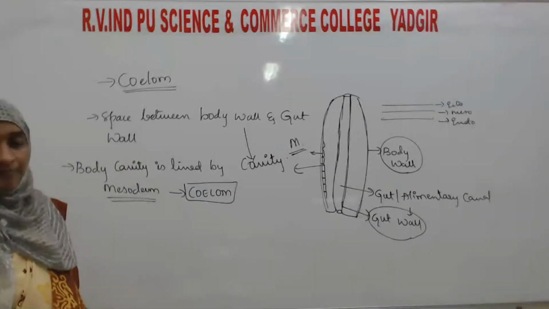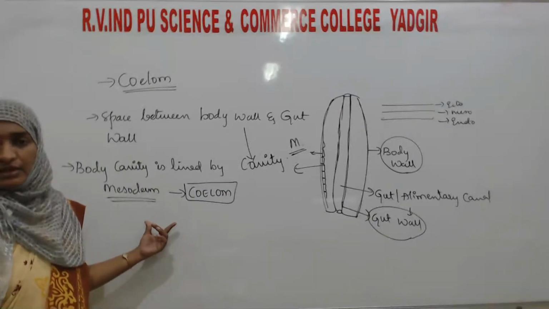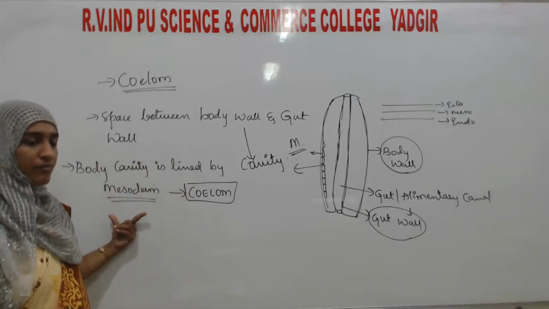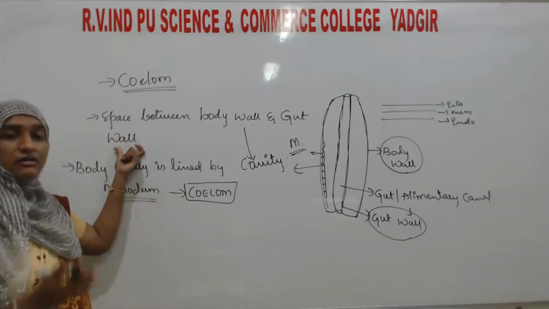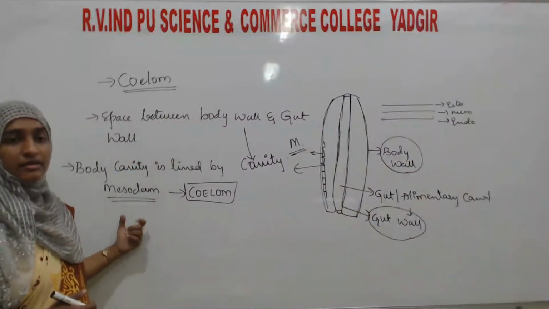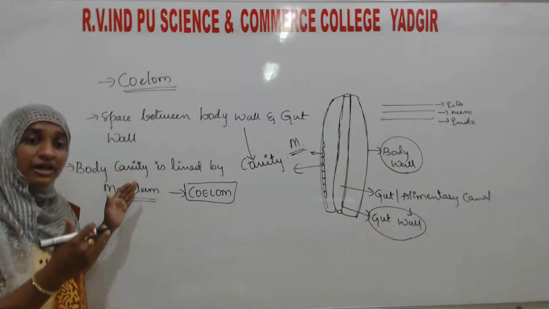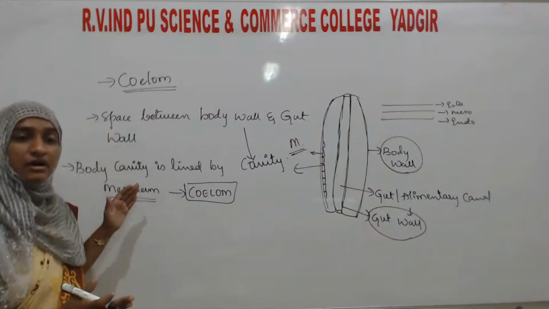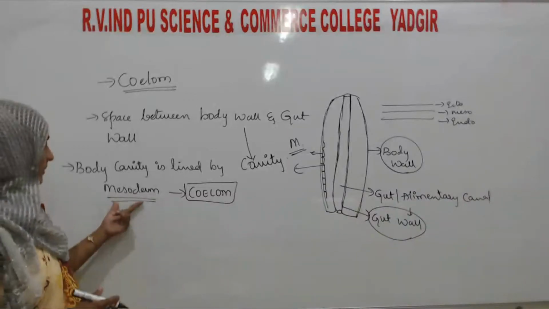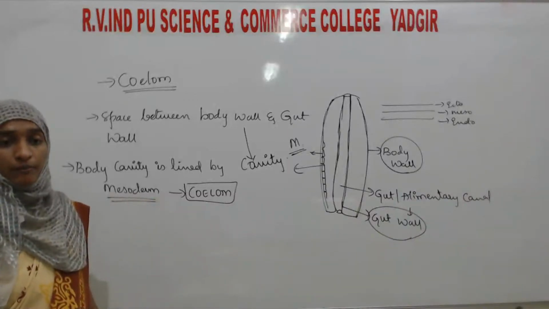What do you mean by body cavity? The space between the body wall and the gut wall is known as the body cavity. And that body cavity should be lined with the mesoderm layer. Then it is known as the coelom.